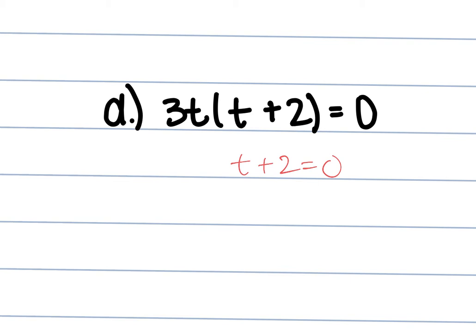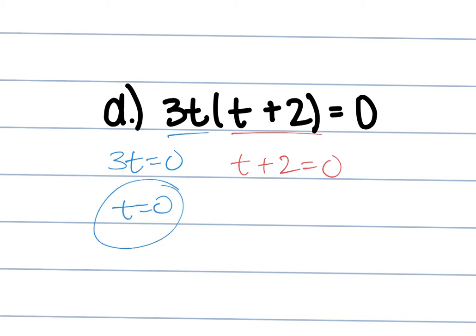Chloe? 3t equals 0. Okay? Each of these are separate. Do you guys see that? All right. So now we've got 3t equals 0. You divide by 3, you're going to get t equals 0, just like Cassie said. And then she said subtract 2 from both sides, and we get t equals -2. Good, bad, ugly? All right, do E and F, go.